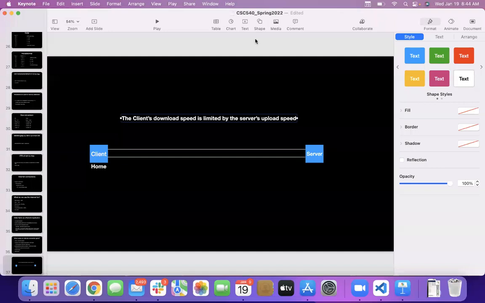Now, I asked the question a few minutes ago, why is consumer-based internet sold as an asynchronous connection, where the download speed is significantly faster than the upload speed? Well, this is the reason why. The server in this case, that's presumably a business or something like that, where they're going to be expected to have multiple clients connecting to them at the same time.